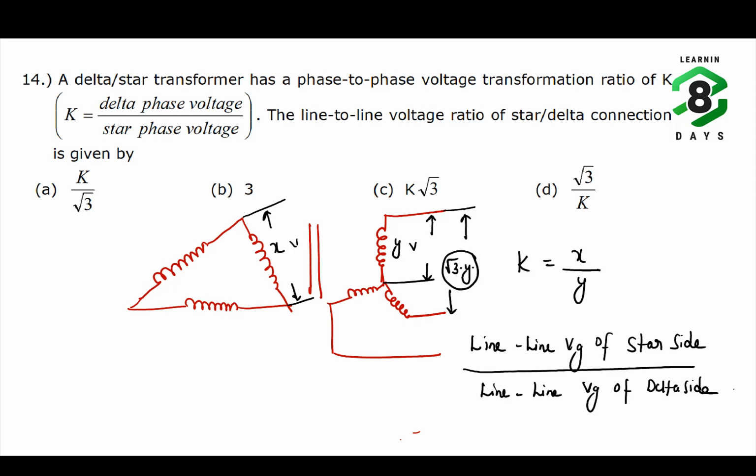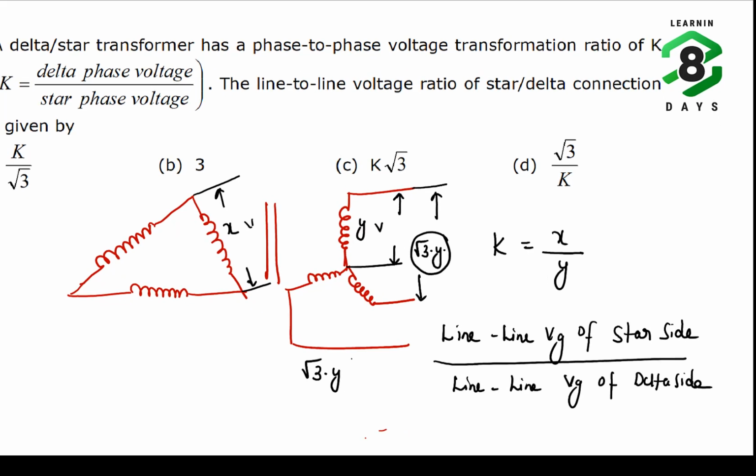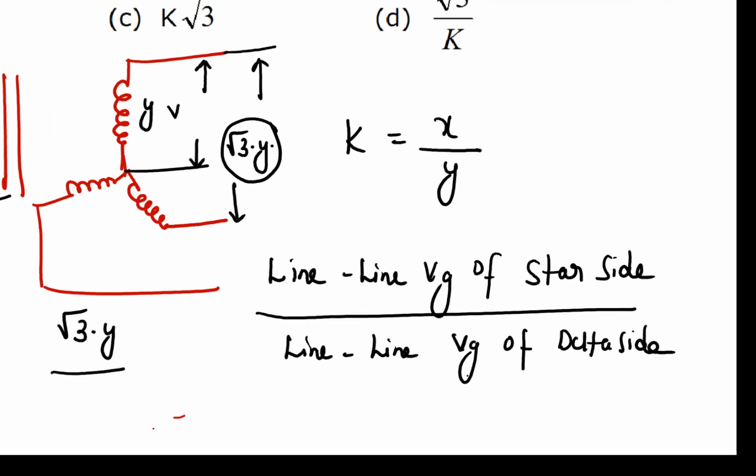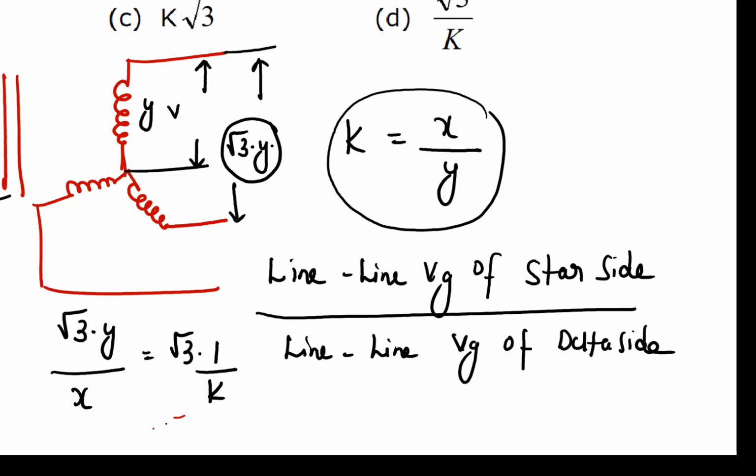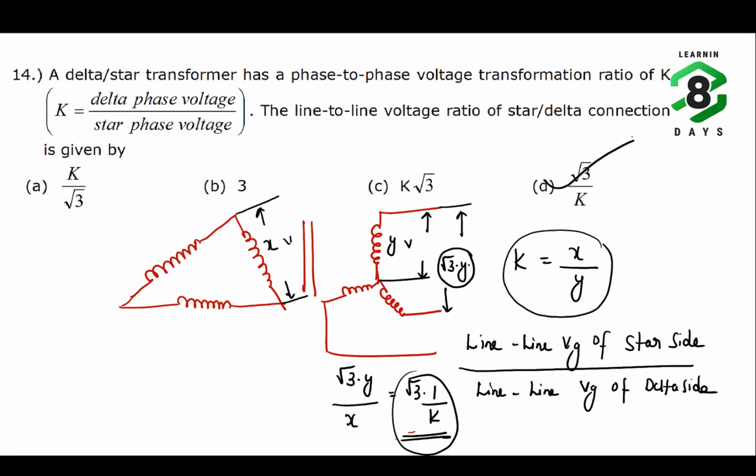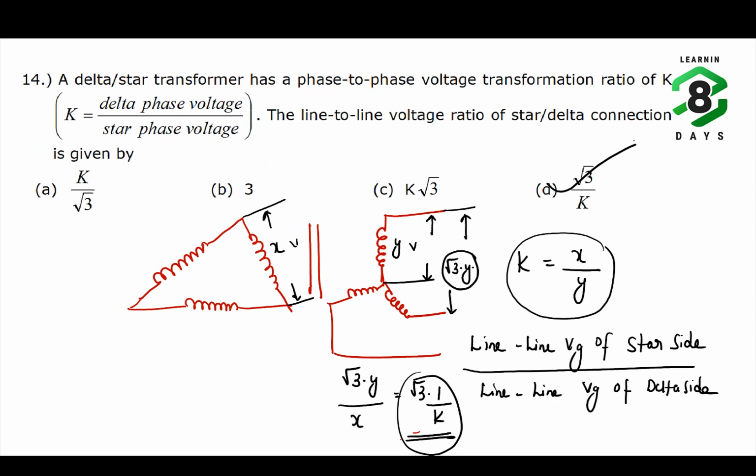The line to line voltage on the star side is root 3 into Y, and on the delta side it is X. Now this value will become root 3 into the ratio of Y by X. X by Y is K, so Y by X will become 1 by K. So the answer is root 3 by K. D is the right option for the given question.